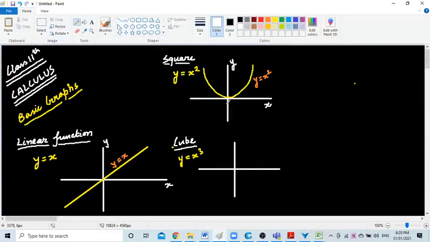Over here this is the x coordinate, this is the y coordinate. Alright, and how will this function go? This will move this way. Alright, this function is for y equals x cube.